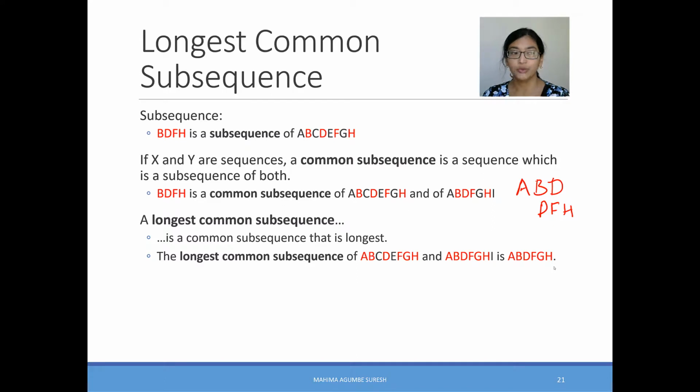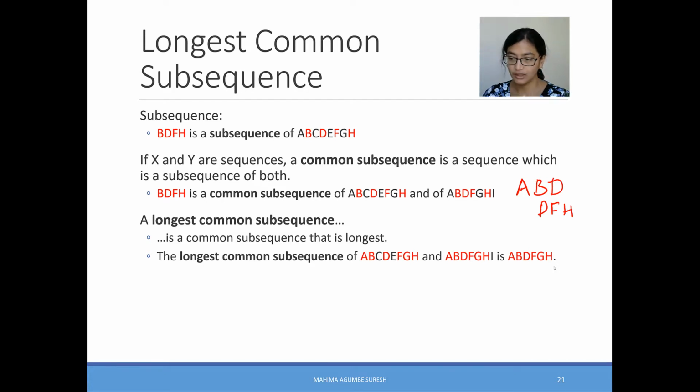It's always a good idea to try and do this by hand, and try to figure out if there is some way that you can come up with a solution just by solving it by hand. There are some examples provided in the description below, so try to find the common subsequences of those by doing it by hand.